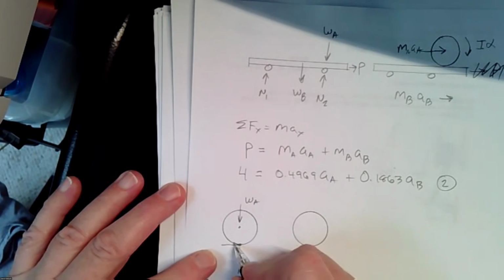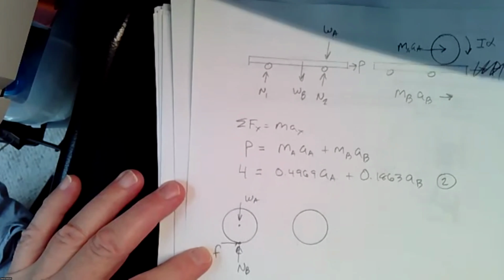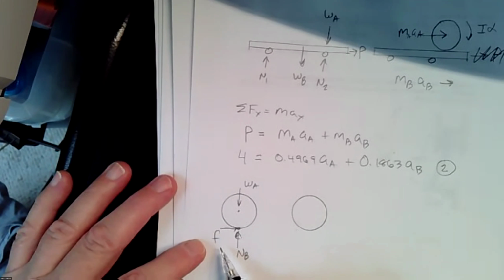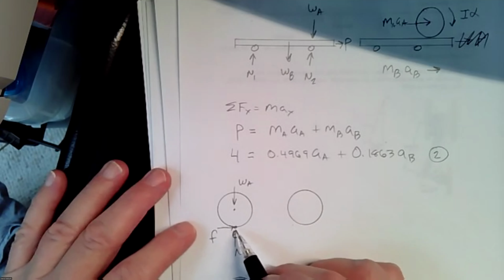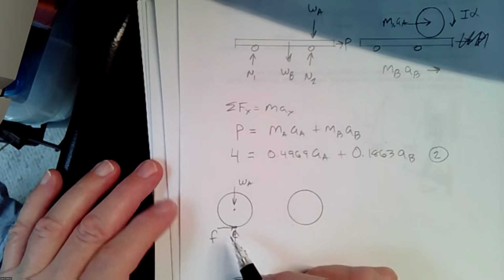Then we have our friction force. We always have a friction force, even though we're not told friction, because otherwise it wouldn't roll forward. It would just sit and spin. So in order for anything to roll, it has to have some kind of a force here. We will talk about that more in class.